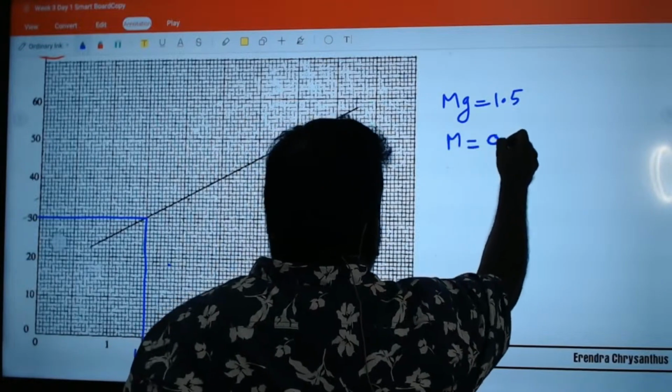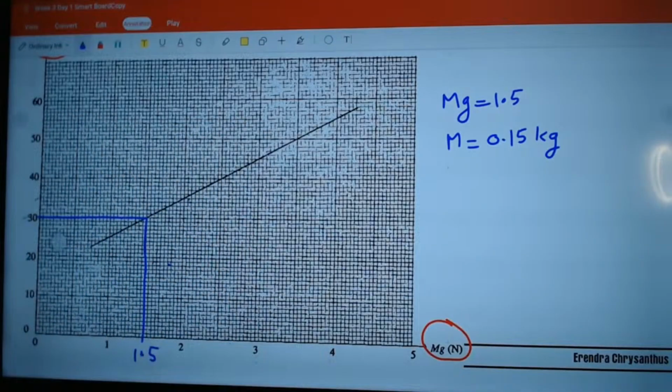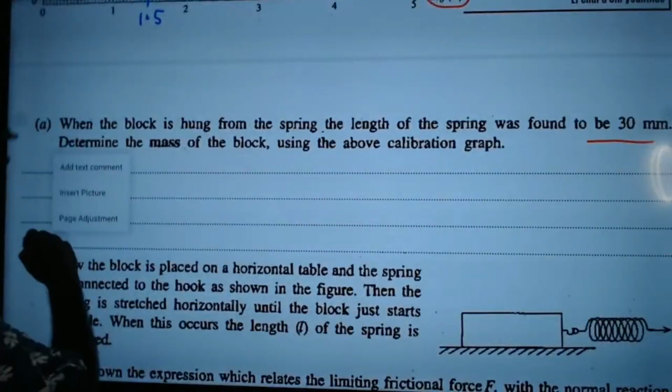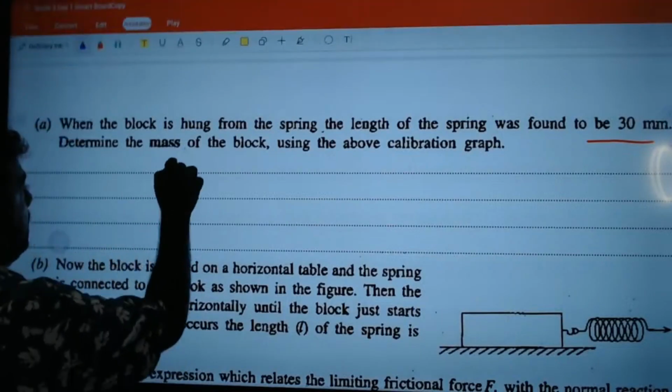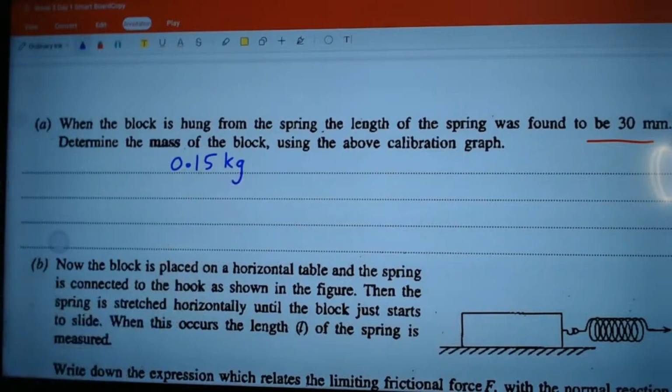M is equal to 0.15 kilogram. So you can go back here and then quickly put the answer, 0.15 kilogram. That's it. Right. Now look at the board carefully.